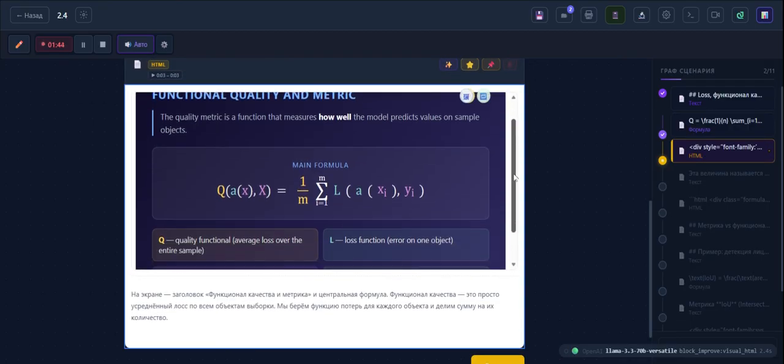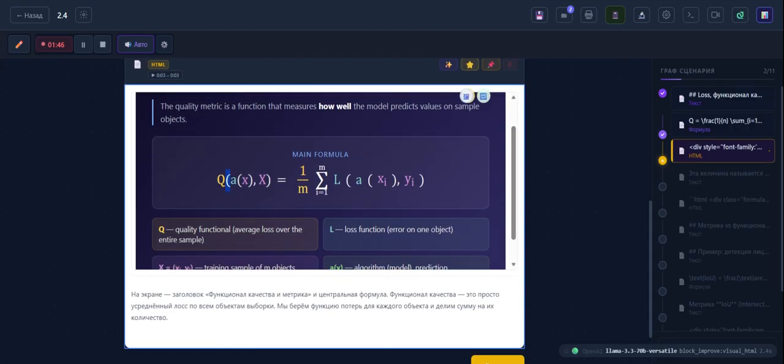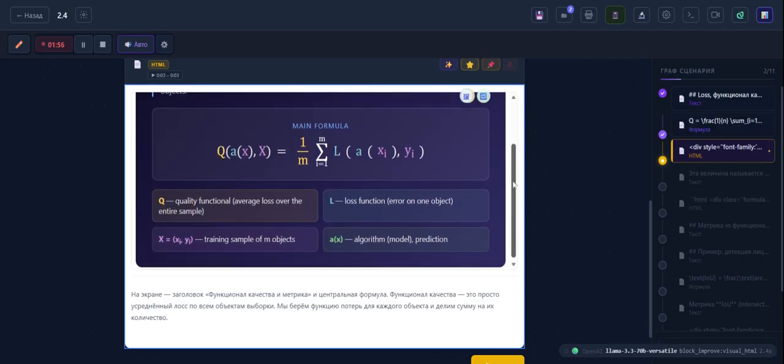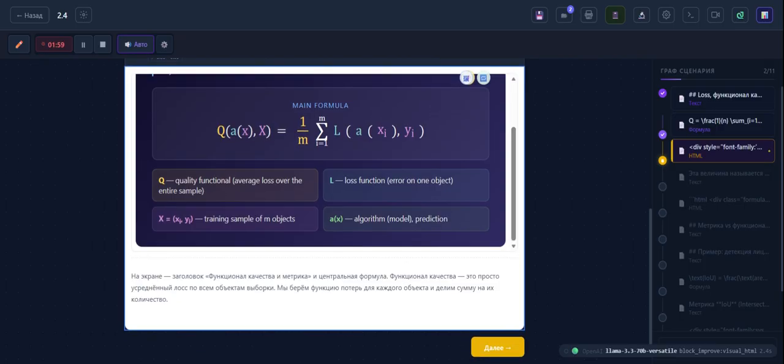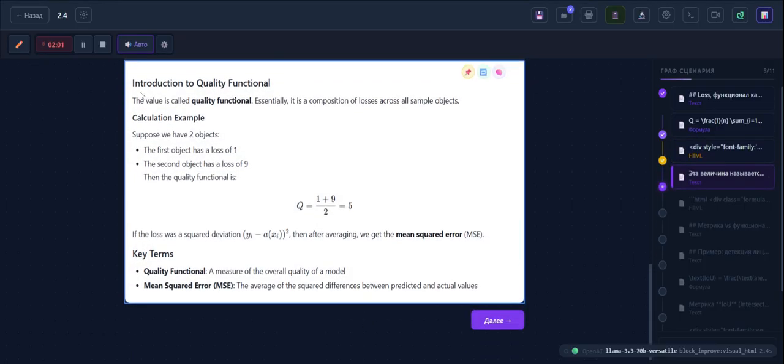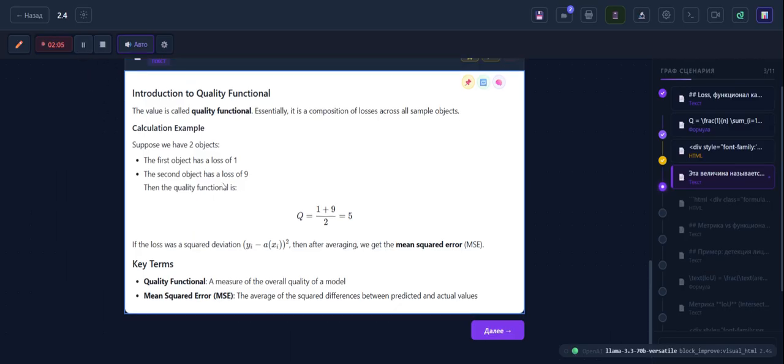And again, it looks like this. The short definition of the function is q, and the formula looks like this, as we already got it. And again, if we go a little bit deeper, suppose we have two objects.